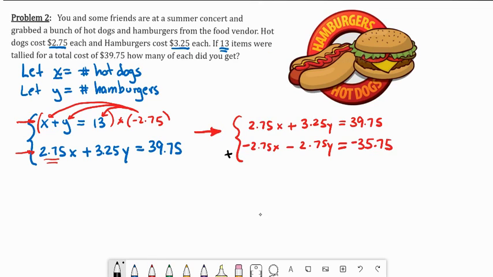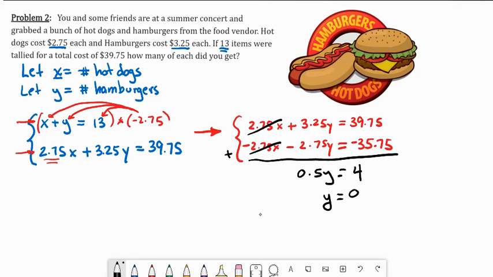Now, when we use vertical addition to combine like terms, we see that the x's cancel. 325 minus 275 gives us 0.5y, and 3975 minus 3575 gives us 400. If we divide both sides by 0.5, we get y equals 8.